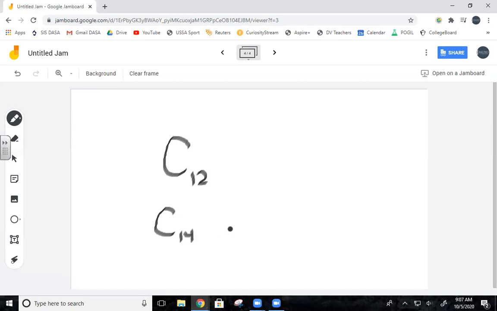Carbon-12 and carbon-14 are, am I doing this wrong? Probably doing this wrong, because my brain is completely just shattered right now.